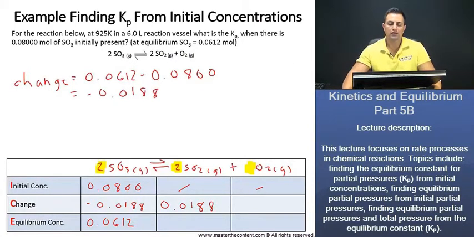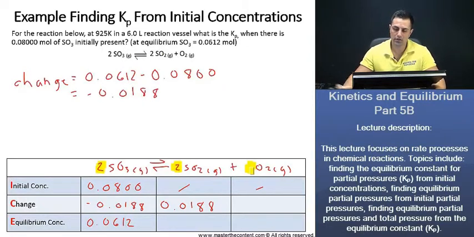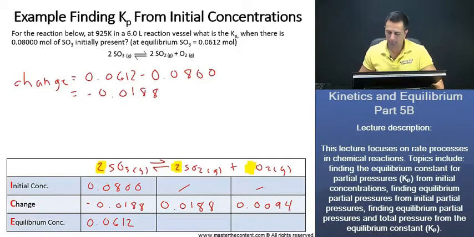But because we're going from 2 moles to a single mole for the oxygen, it's going to be half that amount. Therefore, we would write down 0.0094. Okay, great. And now at equilibrium, this is going to be 0.0188, and 0.0094.